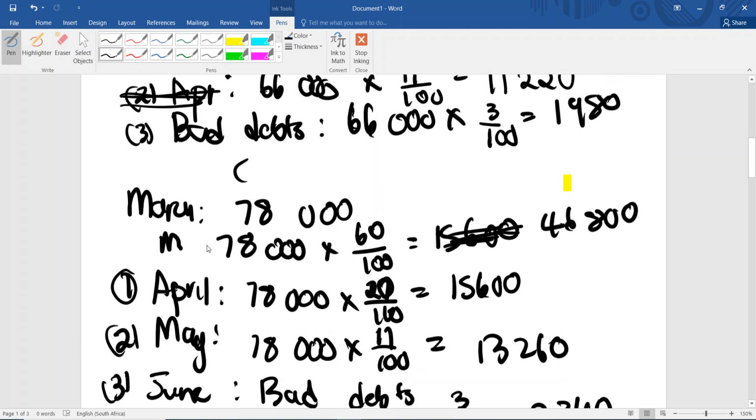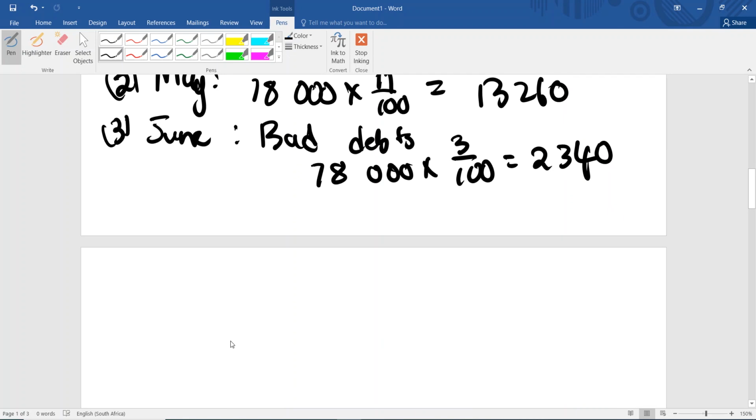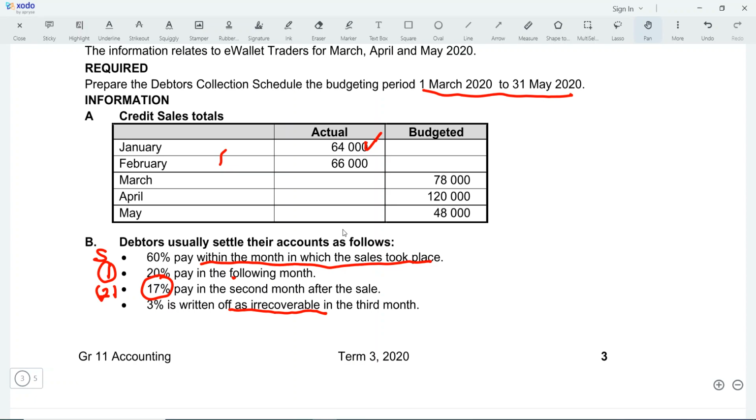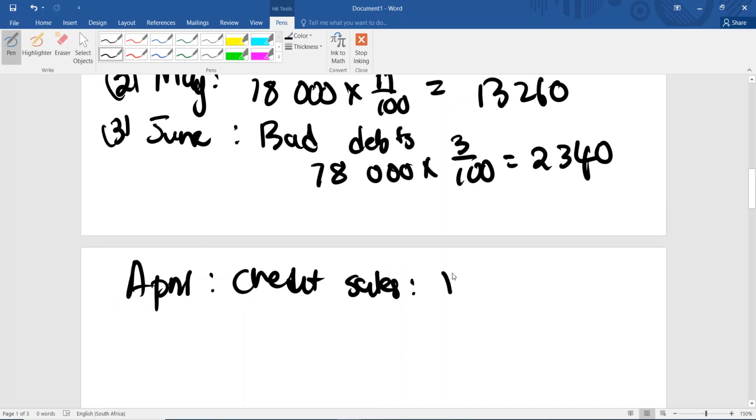From there, we're going to move to the sales that took place in April. So we're going to go to April and check how much our credit sales are. For April, according to this information, our credit sales are 120,000. So we're going to have that 120,000 here. Remember, in April, same month, we are collecting 60%.